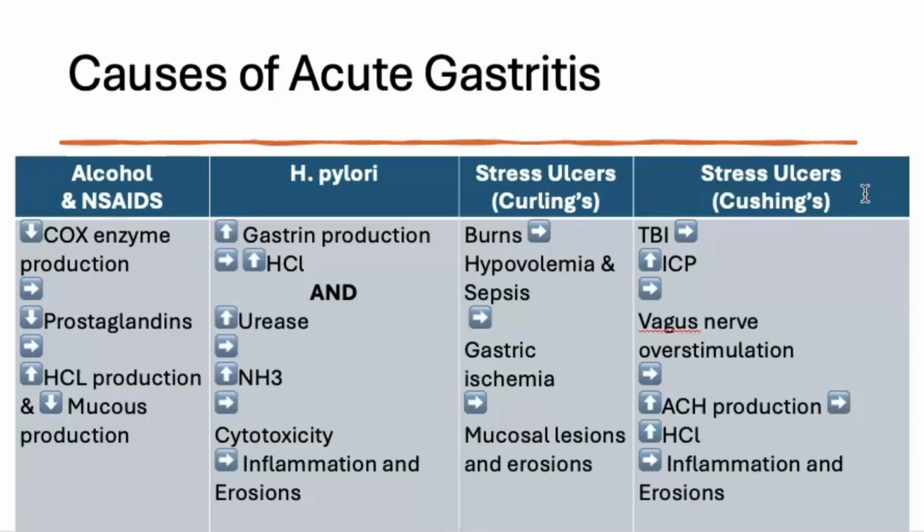And then that leads to the vagus nerve being overstimulated, which leads to increased acetylcholine production, which leads to increased hydrochloric acid, and then takes us back to that process of inflammation and erosions. So those are up there for you to think about, but our main focus is going to be on the NSAIDs and the H. pylori.